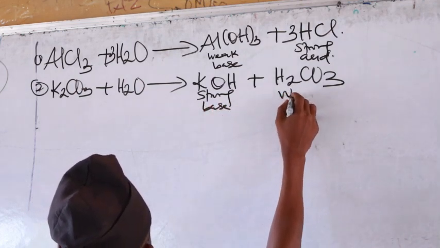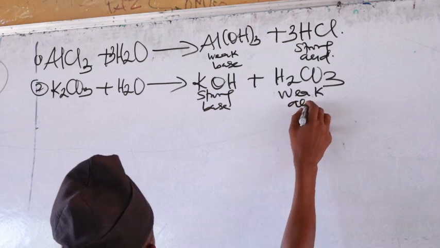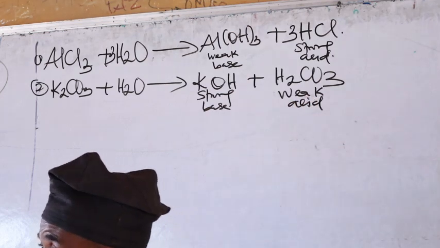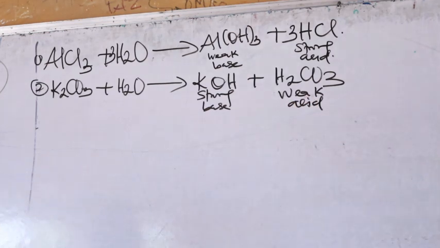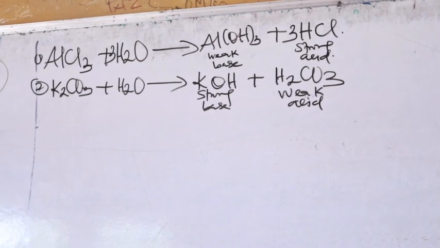This is a weak acid. Because the base is strong and the acid is weak, when you put litmus paper here, which is red, it will turn to blue. So it's also right. The solution of K2CO3 turns red litmus paper blue.